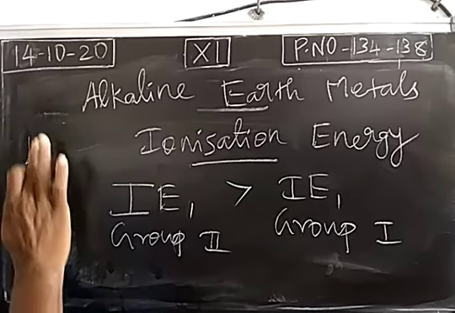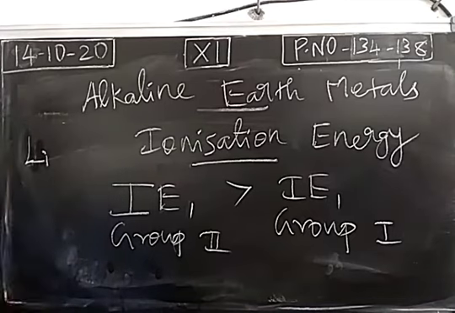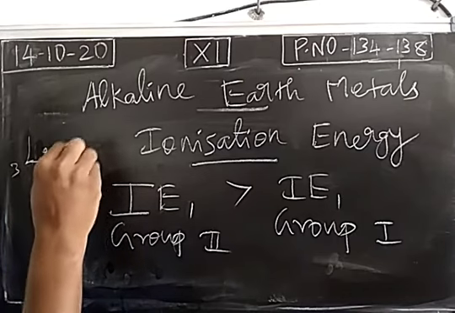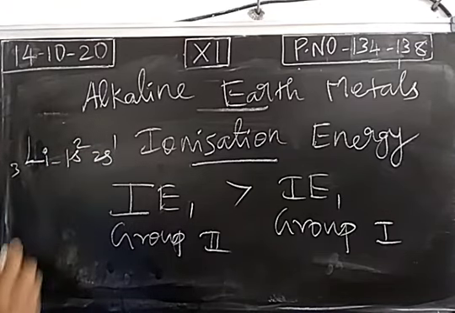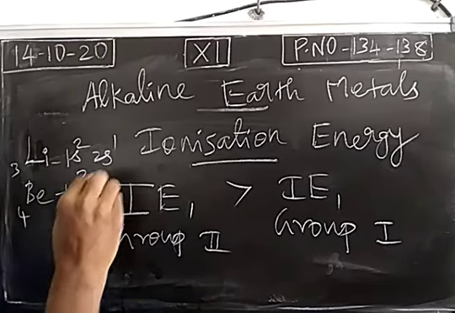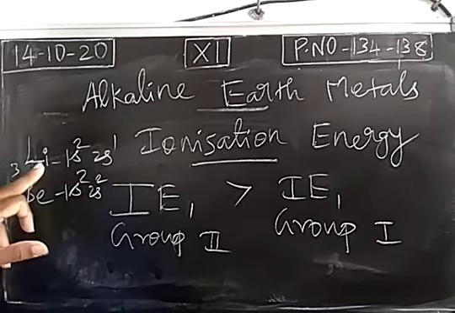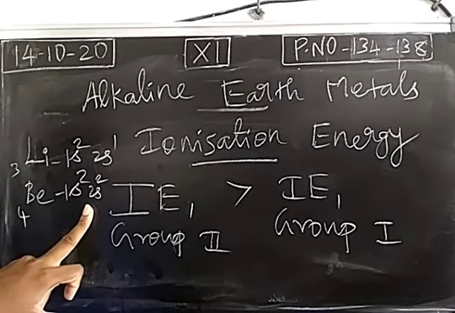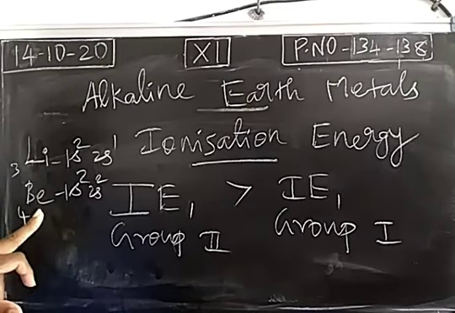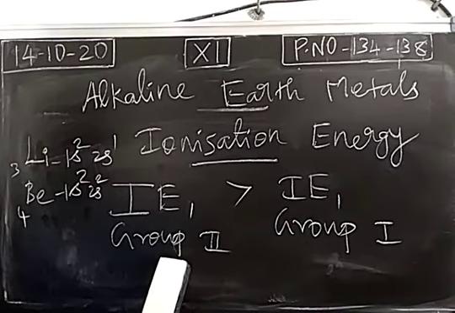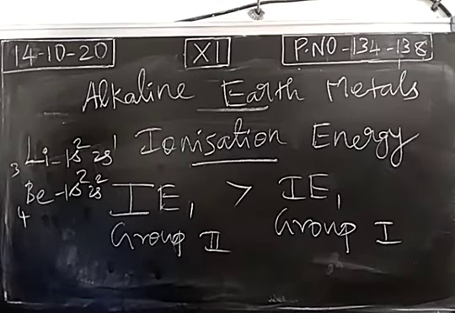Take lithium, atomic number 3, 1s2, 2s1. Beryllium, 1s2, 2s2. Comparing the alkali metal, we need more energy to remove the electron from beryllium because size decreases for beryllium. So the first ionization energy of group 2 will be more than the first ionization energy of group 1.